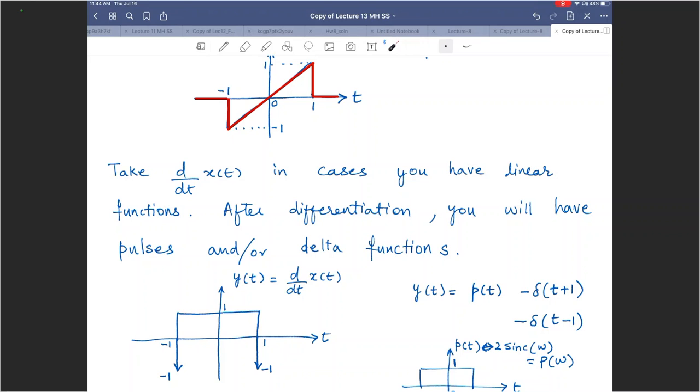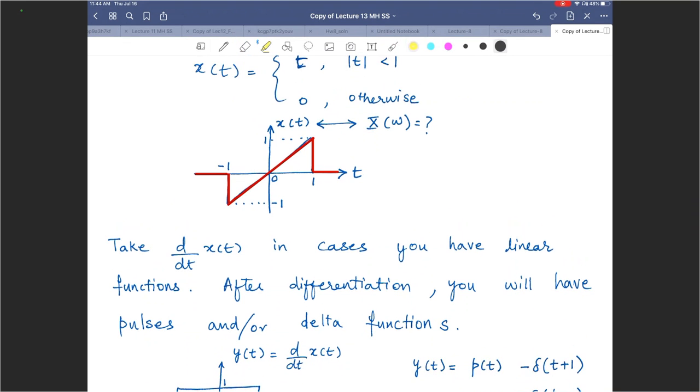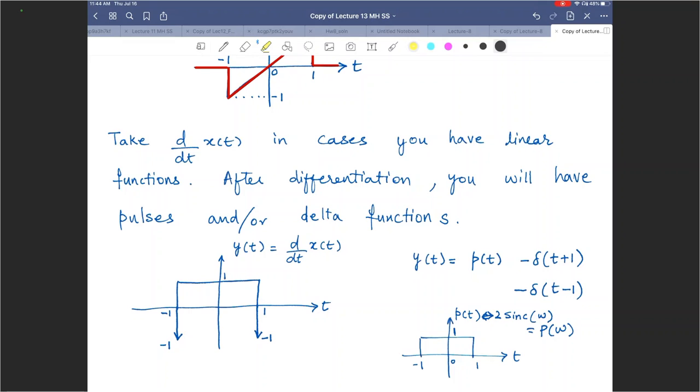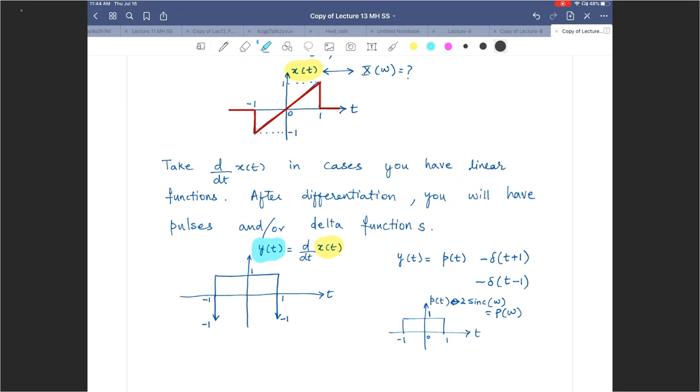So when you differentiate the signal in the time domain, here you have x. You recognize it's a linear function, so you differentiate x. When you differentiate x, we are calling that y. A slope of 1 between -1 and 1 will give you a straight line between -1 and 1.